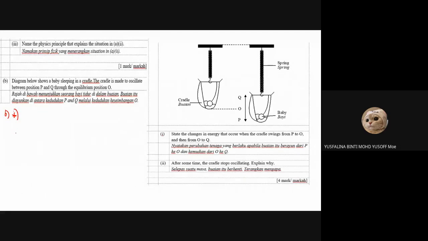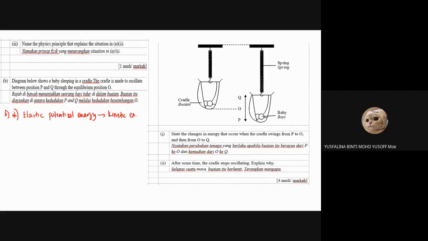For B1: EPE to GPE. In exam, don't put like that, EPE, GPE. Put it in a full sentence. Elastic potential energy. Wow, very good. Elastic potential energy, and then it changes to what? To kinetic energy.